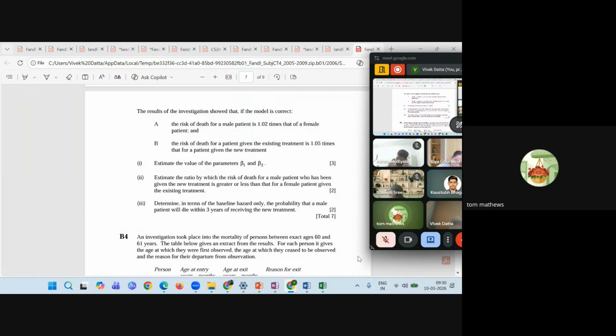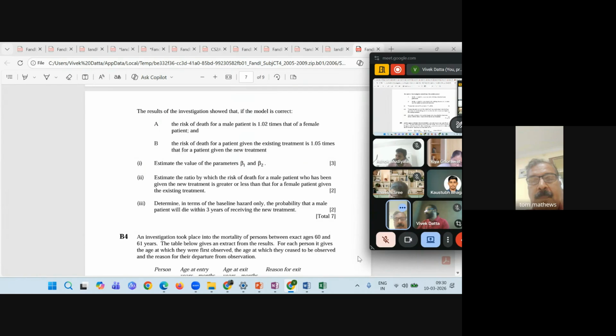Sure, the answer is beta 1 cap is equal to 0.0198 and beta 2 cap is equal to minus 0.0488. Hello, I got this beta 1 cap is equal to 0.0198, beta 2 cap is equal to minus 0.488.